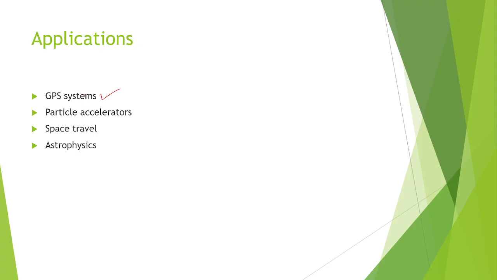When a body moves with velocity v, and when a body is at rest, they feel different time. So the GPS system works on the time dilation principle. Particle accelerators, space travel, and astrophysics, all these fields work on the time dilation principle.